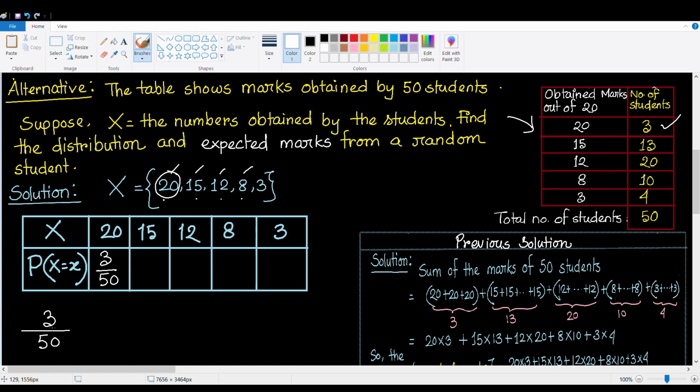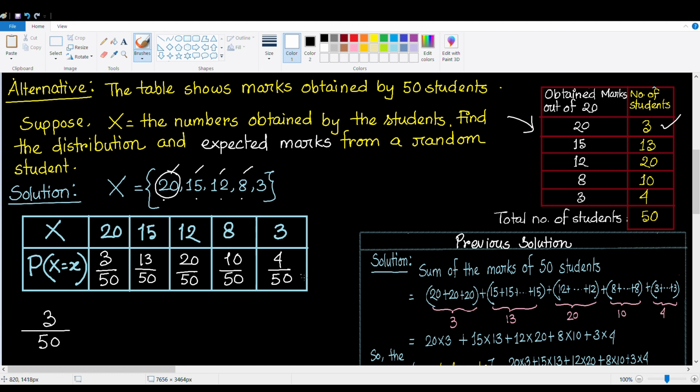Therefore, 3 by 50 is the probability of a student getting 20. Similarly, 13 by 50 is the probability of getting 15. 20 by 50 is the probability of obtaining 12 marks. Similarly, we can write 10 by 50 for 8 and 4 by 50 for 3, right?